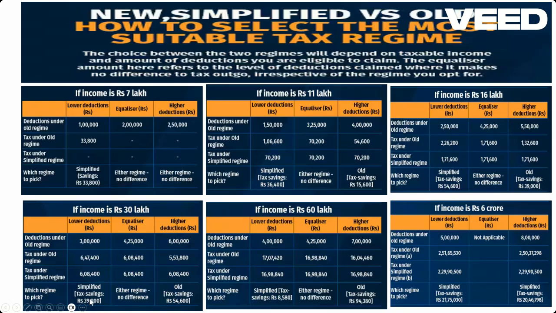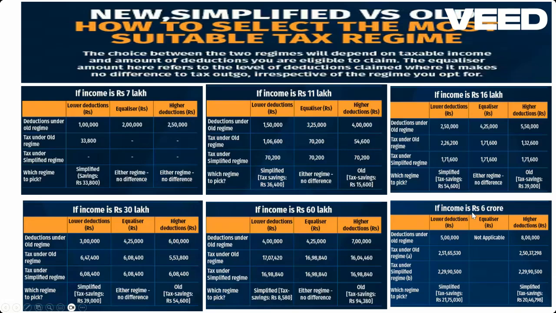in the new tax regime. If income is 60 lakhs, with higher deduction, the old regime tax saving will be more. Again with lower deduction, the new tax slab will be more beneficial. In the equalizer, not much difference will be there, so it will be a similar difference.